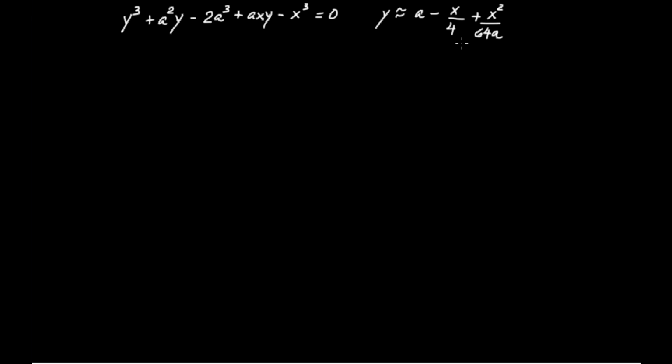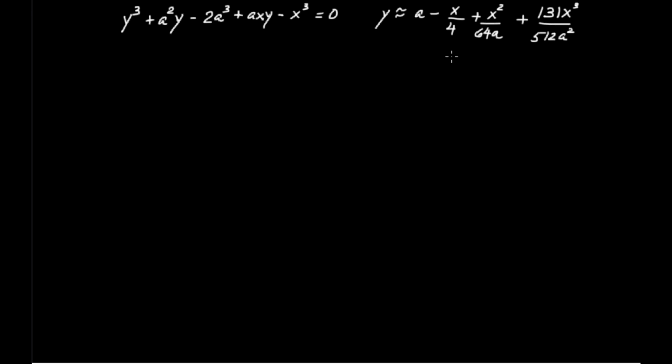Substitute that into the polynomial, which was in terms of x and q, and you get a new polynomial in terms of x and r. And then you solve that to obtain your cubic term. I won't write out all the details of that, but if you do that, you'll find, and this is also written in the text, that the cubic term is 131 x cubed over 512 a squared.